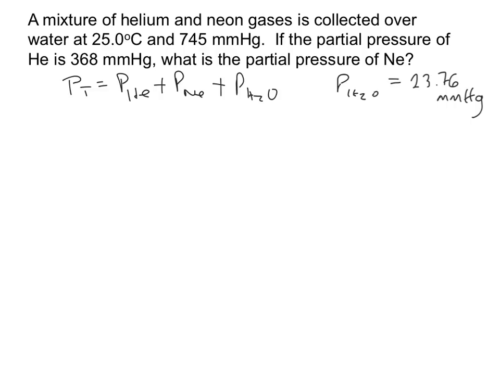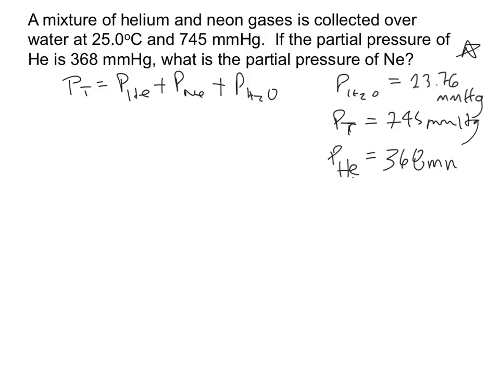Now we know our temperature, so we go to that chart and we figure out that our pressure of H2O is as follows. Okay. We do know our pressure total because we know our atmospheric pressure. Okay. We also know our pressure of our helium because that's been given to us.